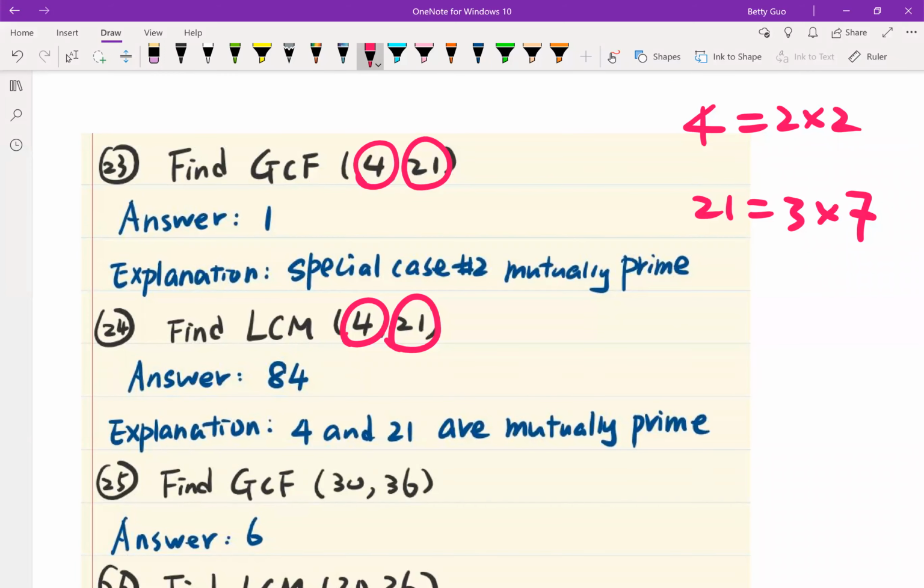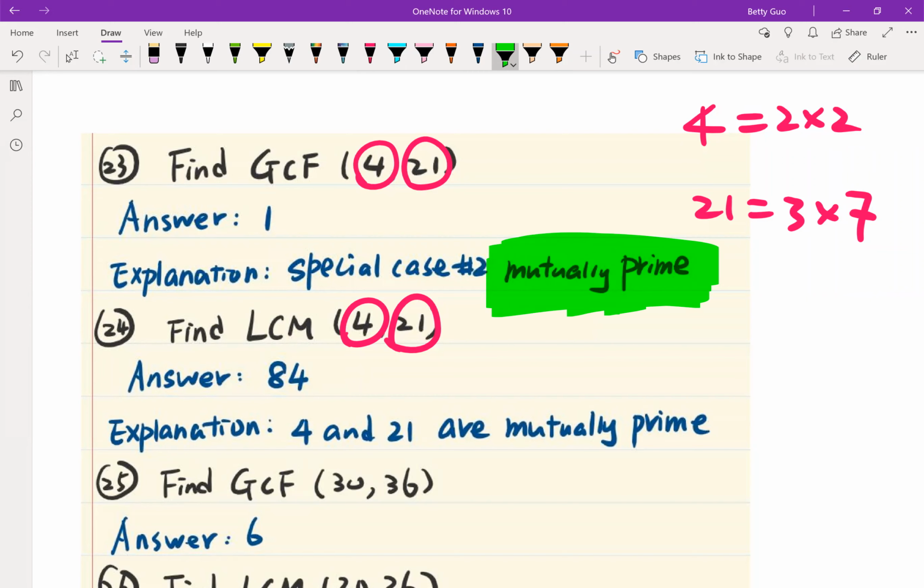No. How do we call the two numbers if they have no common factor except 1? Mutually prime, exactly. That's the special case number 2. Special case number 2 is mutually prime.